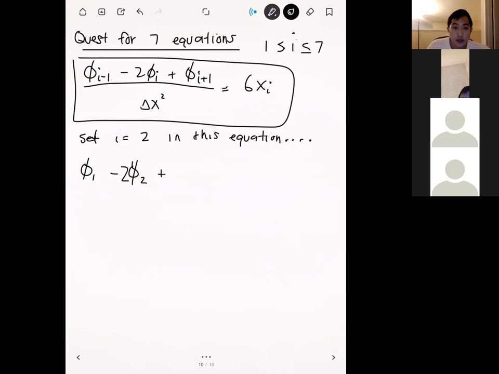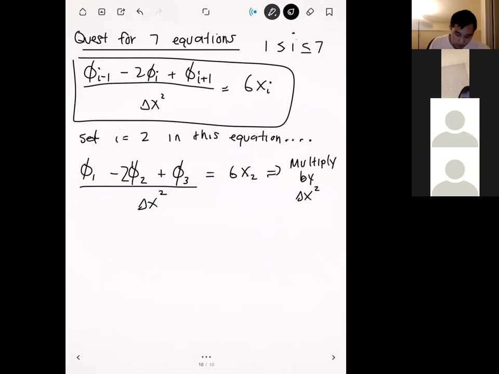Then to that we add phi of i plus 1, which is phi 3. On the right-hand side, we have 6 times x2, where x2 is the x-coordinate for grid point number 2, over delta x squared. All right, and just to simplify this, let me multiply both sides by delta x squared. Okay, and that gives us, believe it or not, our first equation.